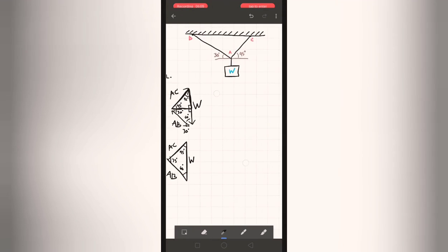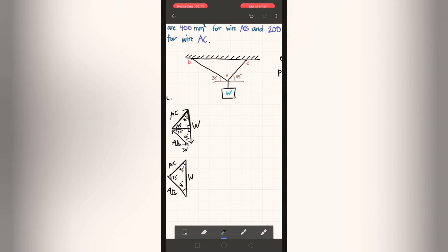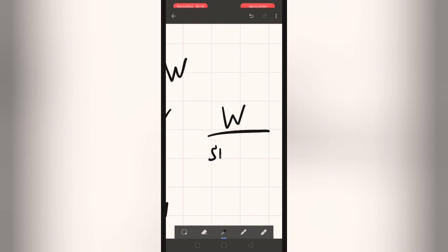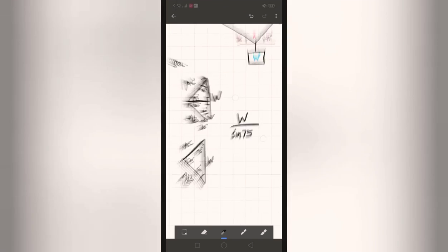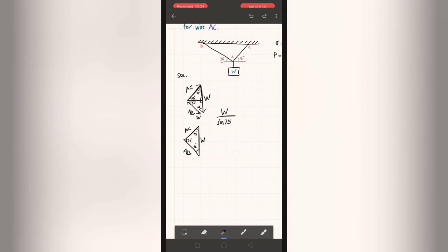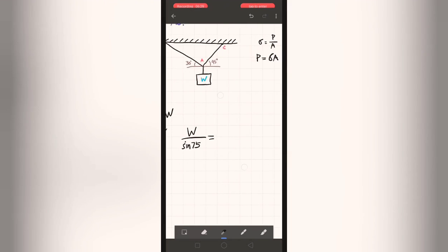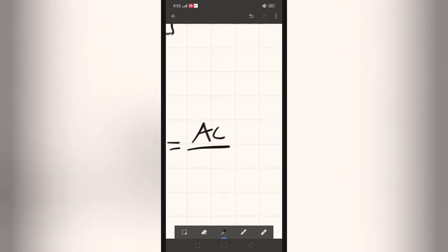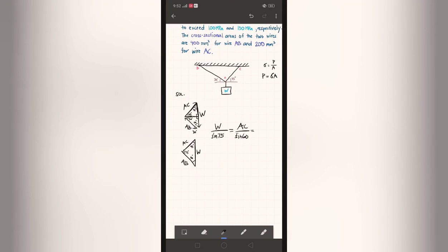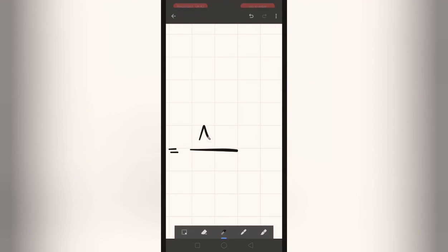So, to solve for this, we just have to remember the sine law. W over sine of the opposite angle, the angle opposite of it is 75 here, equal to AC over sine 60, and then AB over sine 45.